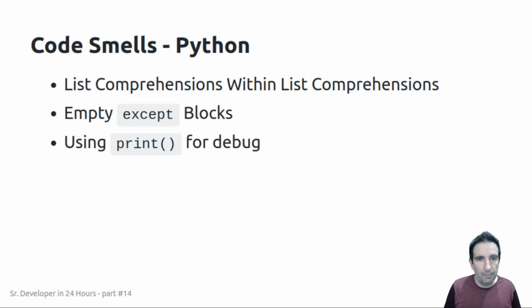So again, lots of general things that could apply to any language, but we also want to understand the idiosyncrasies of each language so that we can avoid making mistakes that might make our code harder to maintain.